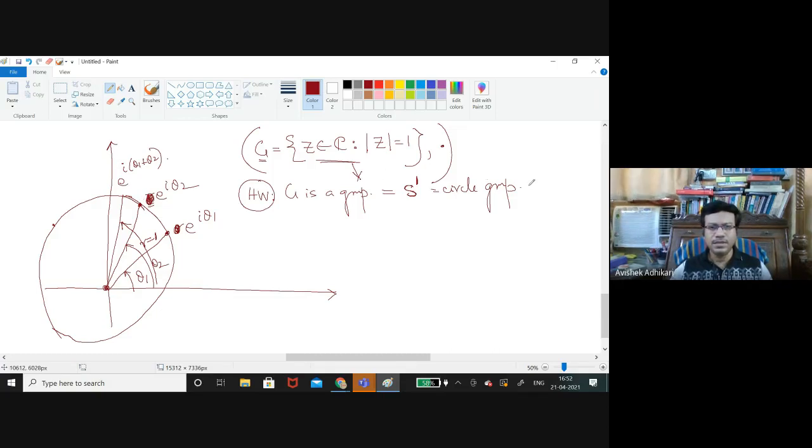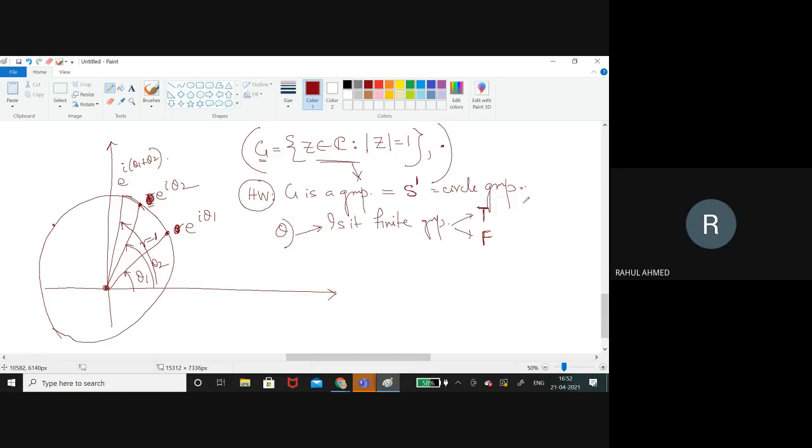And that's a group. So the question is, for all the properties that you have encountered till now, is it infinite or finite? What is your intuition? Is this group a finite group or an infinite group? Infinite.